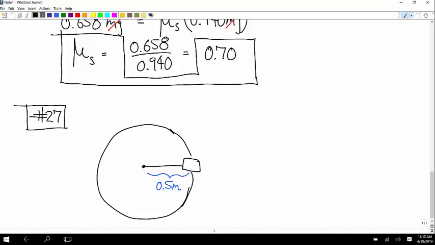The instant shown, the arm has a clockwise angular velocity of 12 radians per second and a counterclockwise angular acceleration of 10 radians per second squared. And we just want the net force. This object has a mass of 15 kilograms.